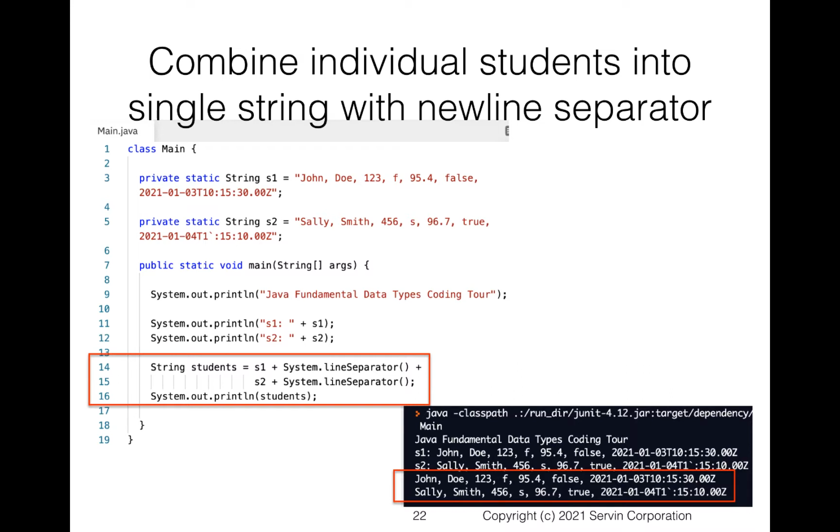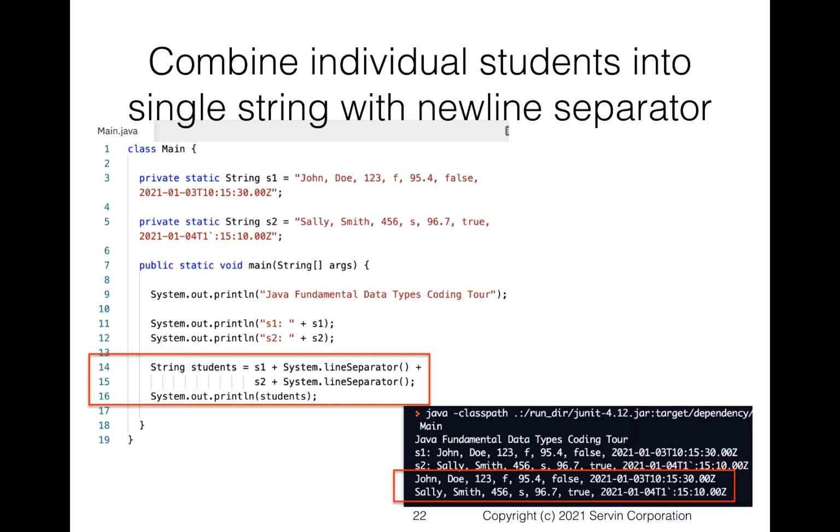So that way, if it's one separator type on Linux and another on Windows, that's okay, because we're just taking our string, S1 in this case, and concatenating the system.line_separator to put a line separator on the end of it. Then we concatenate our S2, and the same thing, we put the line separator on that.